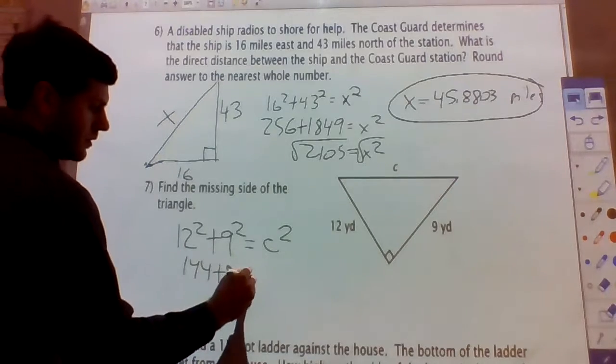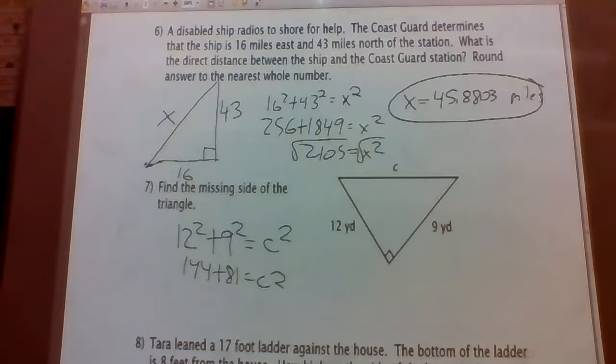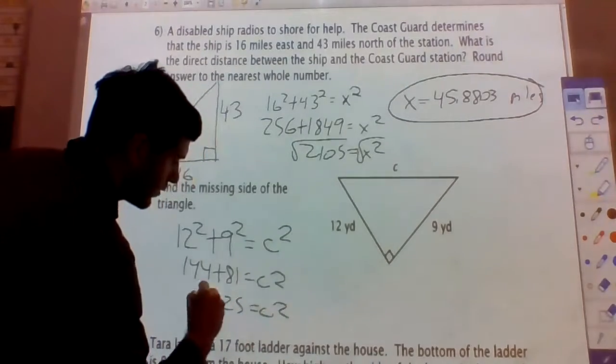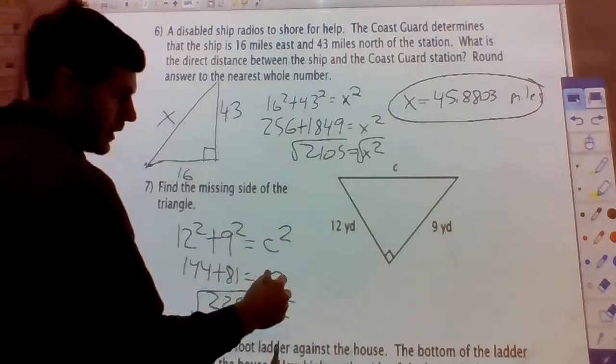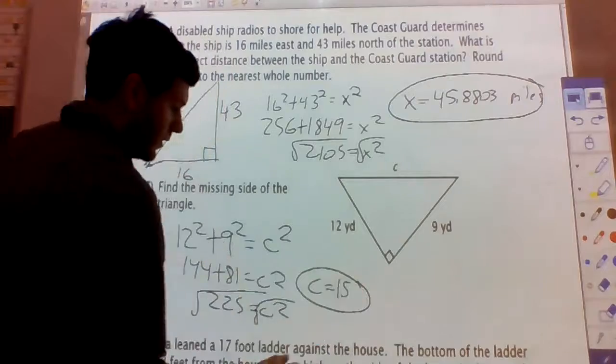That's 81. 144 and 81 is going to give us 225, which square root is 15, right? 225, take the square root, right? And we're going to get plus or minus 15, but we have to have the positive length, so it's going to be 15.